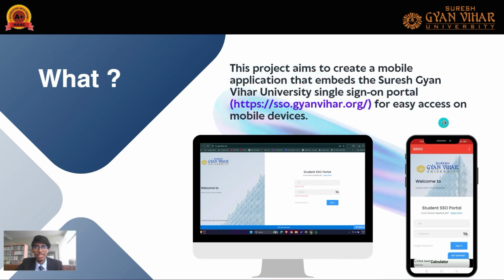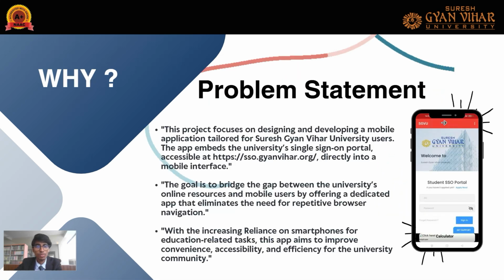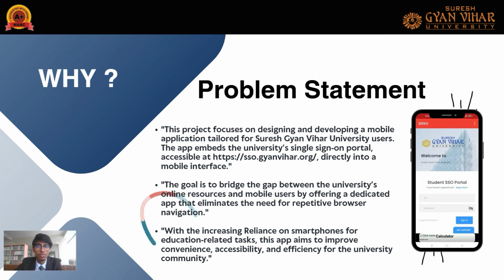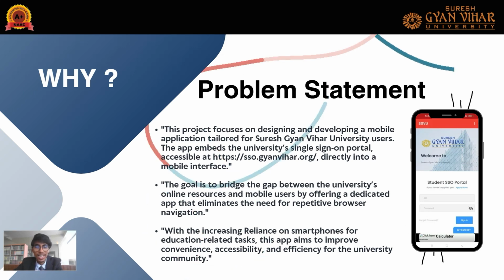So what is basically the problem statement of the project? The problem statement is designing and developing an application that will be useful for the Suresh Gyanvihar University students, teachers, faculty, or staff members who are using the mobile app.